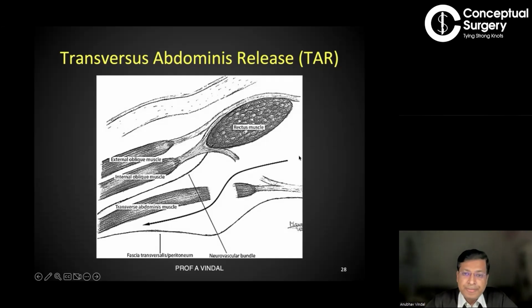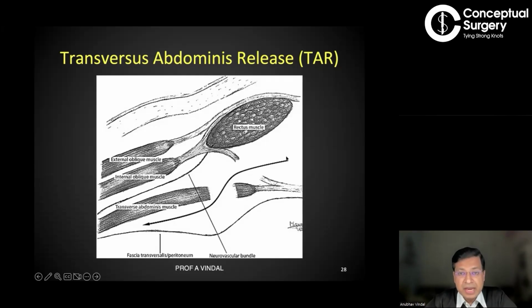So therefore, this procedure aids the medialization of the posterior rectus sheath peritoneum complex and thereby helps in closure and reinforcement of the posterior component, thereby closing the visceral sac in complicated hernias where there is loss of domain.